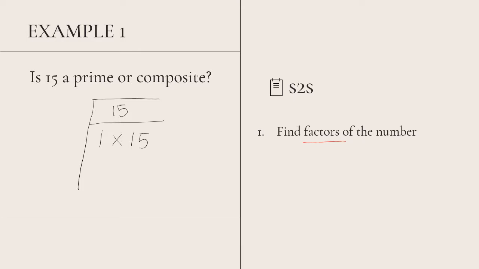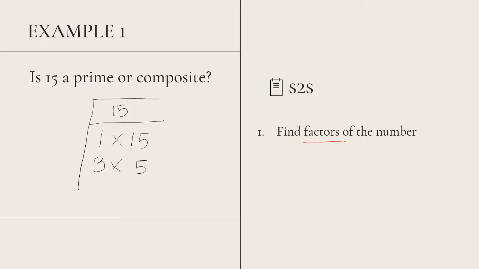How about 3? 3 times what gives you 15? It's a 5. So 3 times 5 gives 15. Are there any more numbers that when you multiply them together give 15?